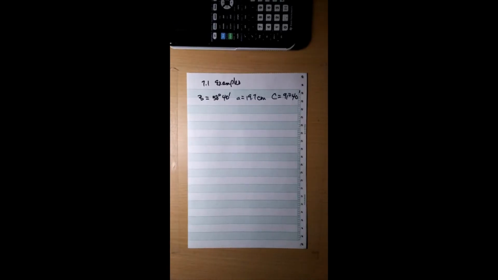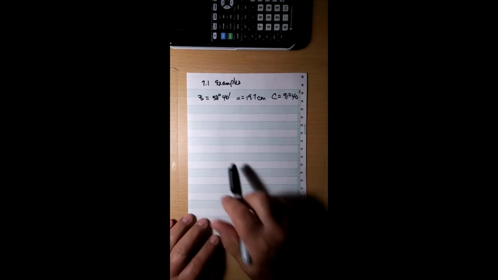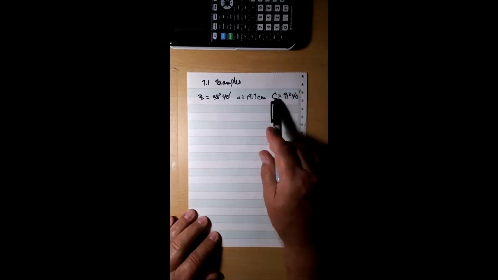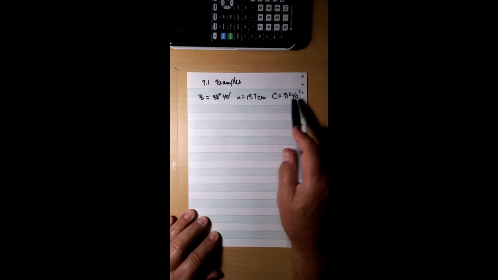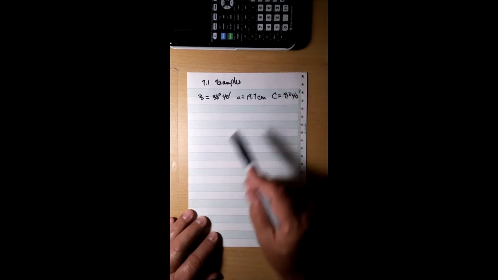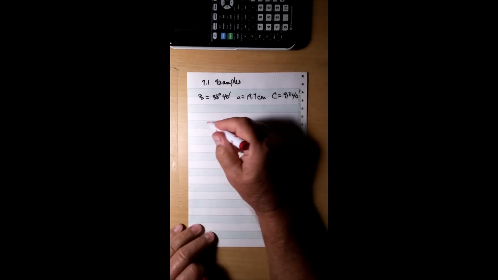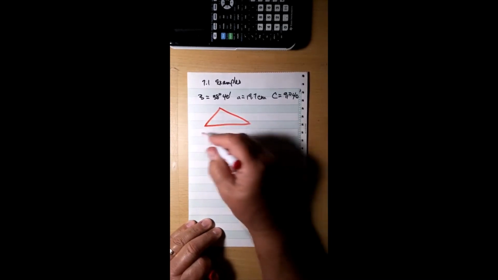So let's go through an example for section 7.1. If we're given an angle B is 38 degrees 40 minutes, angle C is 91 degrees 40 minutes, and side A is 19.7, the first thing you should do is draw a picture. Doesn't matter exactly.